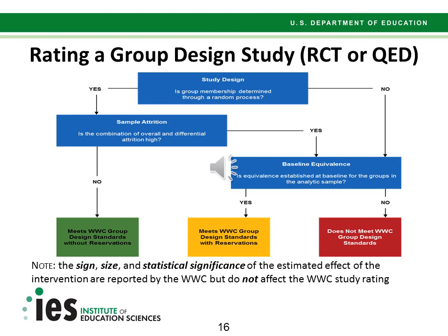Note that the sign, size, and statistical significance of the estimated effect of the intervention are reported by the WWC if the study meets WWC standards. But this information does not affect the WWC study rating. Consequently, knowing a study's rating by the WWC, that is, whether a study meets WWC design standards with or without reservations, is not sufficient to establish whether a study provides strong evidence, moderate evidence, or even promising evidence as defined by the department.